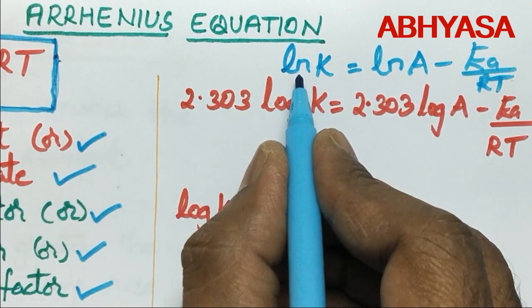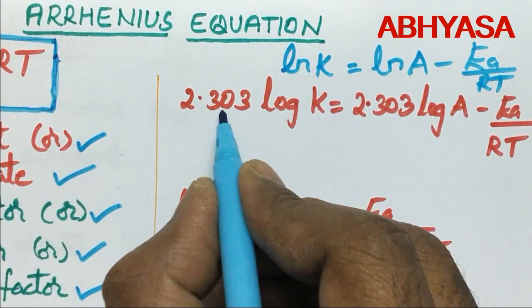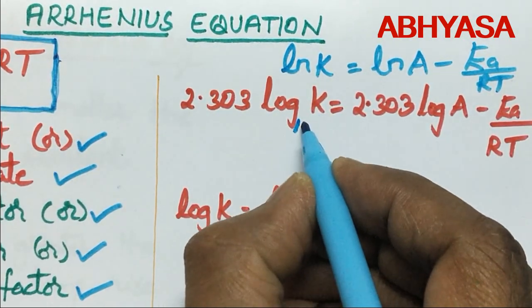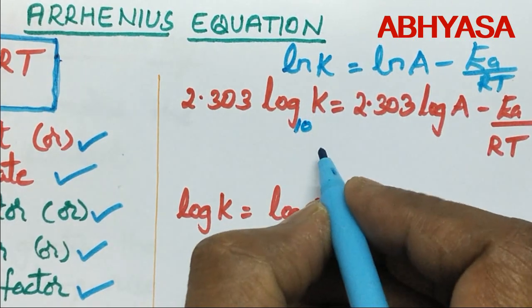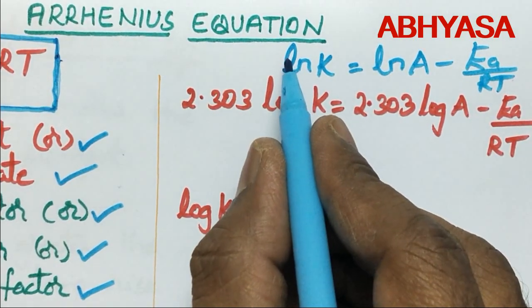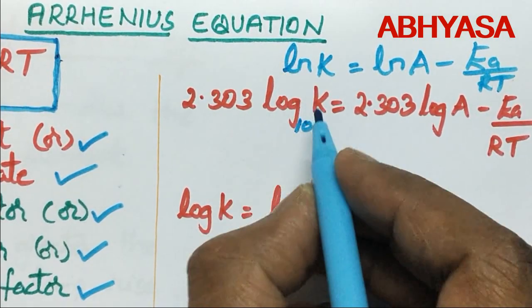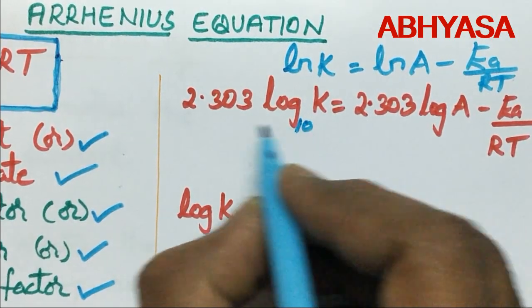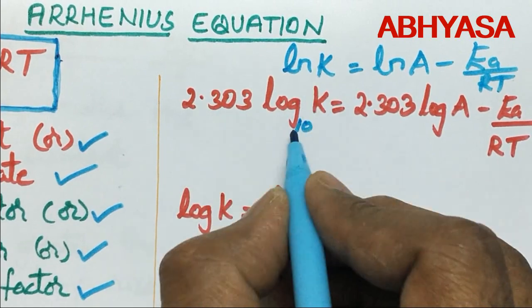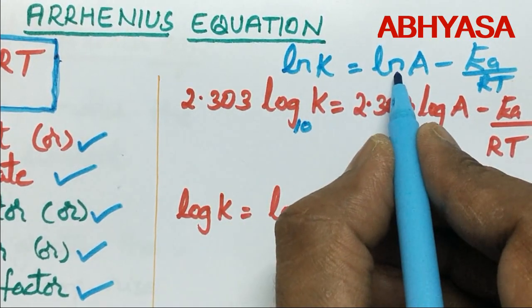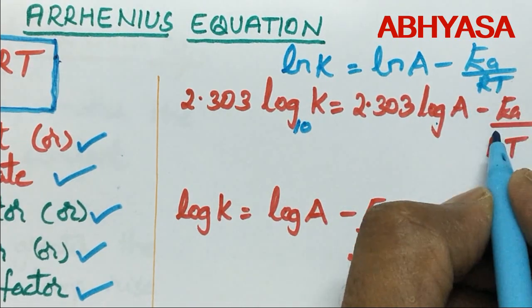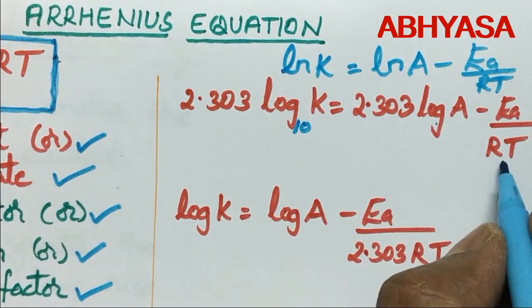So ln k becomes 2.303 log k, and no need to use the words base e and base 10 always. When we write ln, by default it is log base e. When we write log, by default it is log base 10. So 2.303 log k, and this ln a becomes 2.303 log a, and this remains as it is, that is minus Ea by RT.